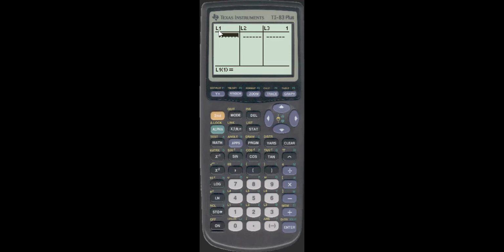Enter the data, go back to stat, calc, one variable stats, list one, and see what you come up with, see if it's the same as what you wrote down. They are the same.